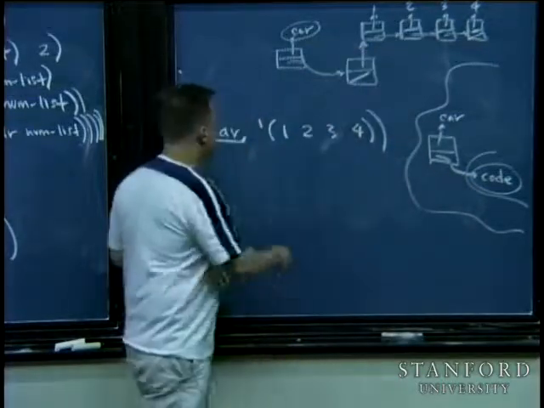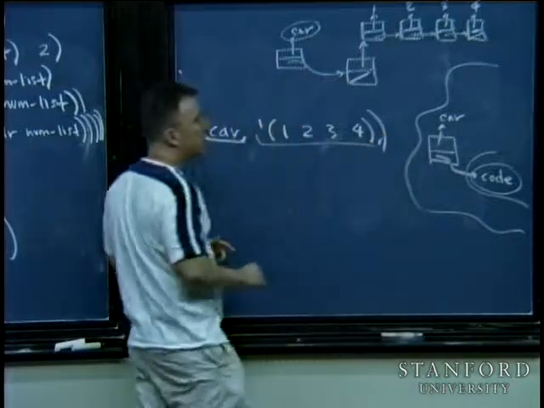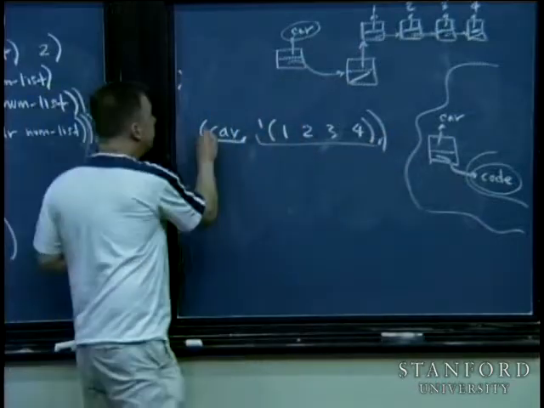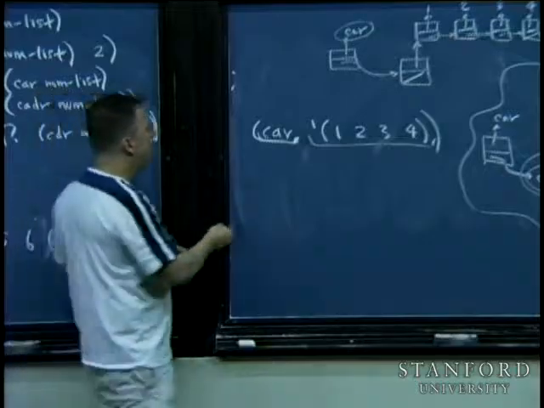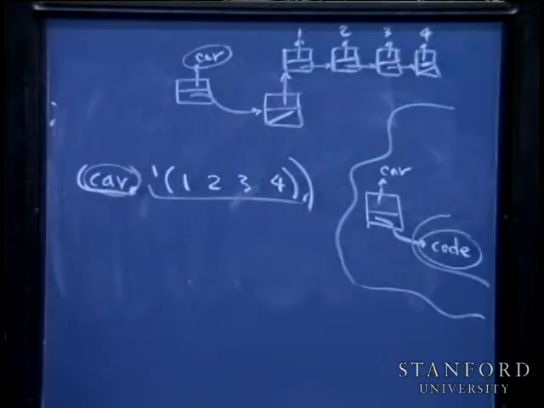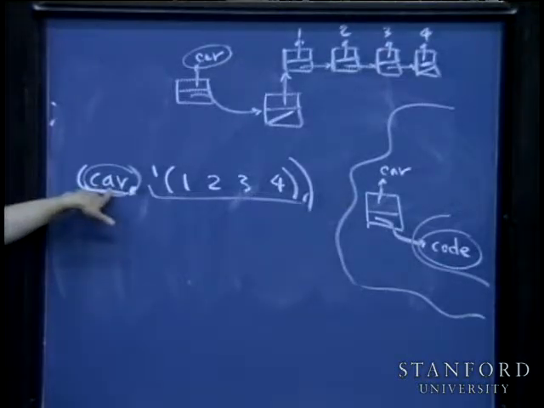So in the same way that this evaluates to itself because of the quote, this evaluates to the code. There is actually a way to type in an anonymous function right there and have it guide execution. I'll show you that on Monday. But car really here, it does evaluate to a block of code.